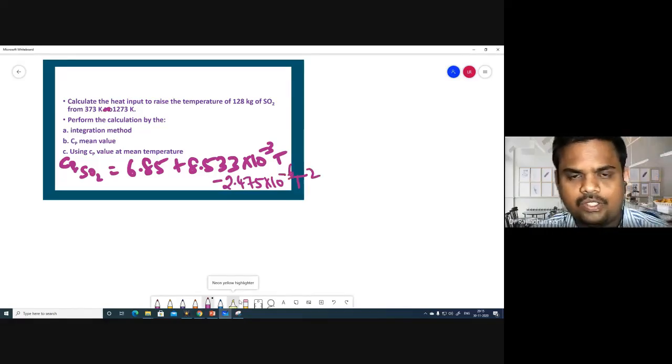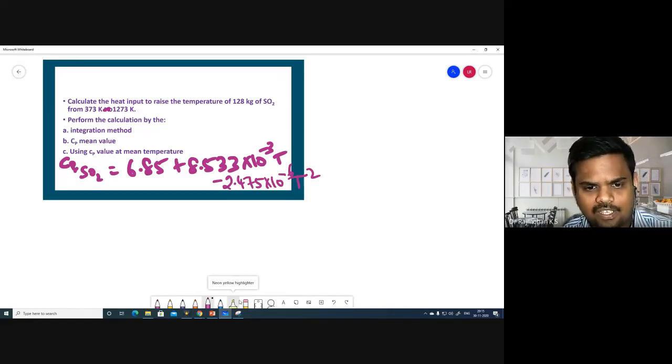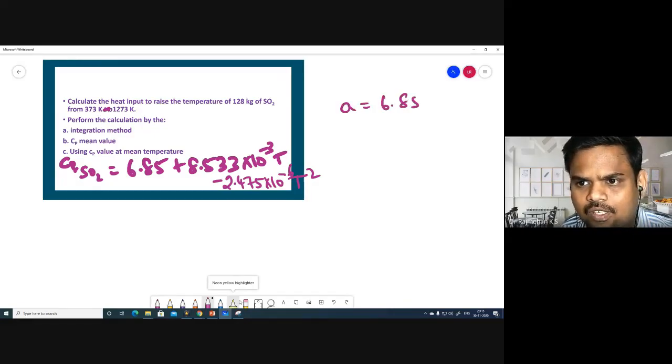So we have an expression where A is equal to 6.85, B is equal to 8.533 into 10 power minus 3.